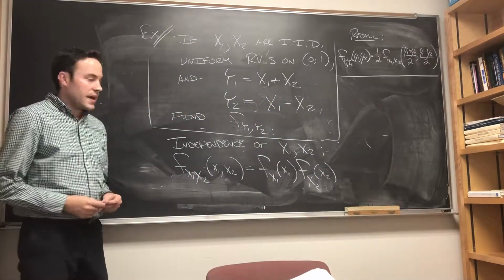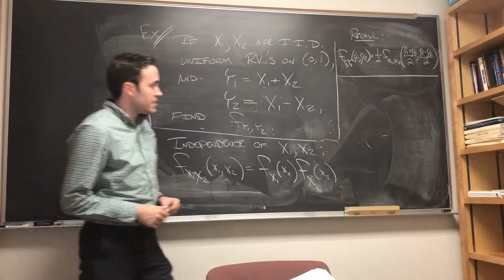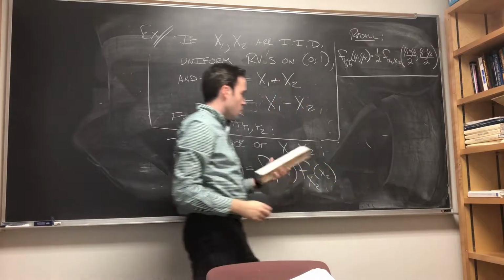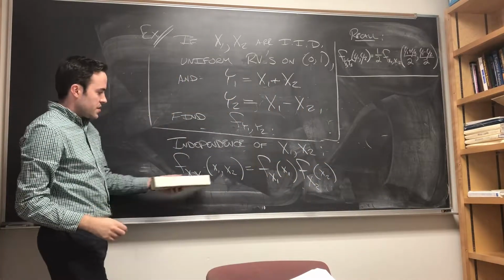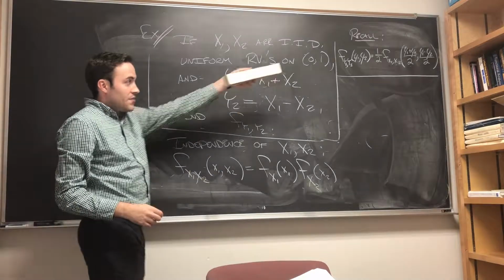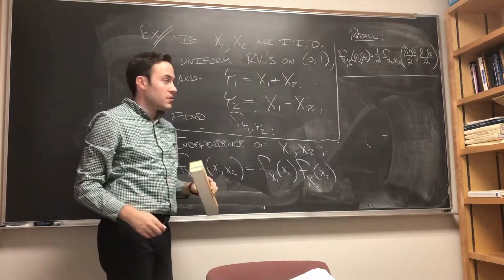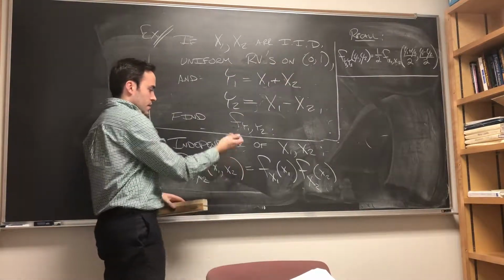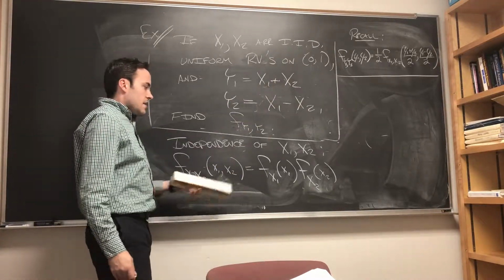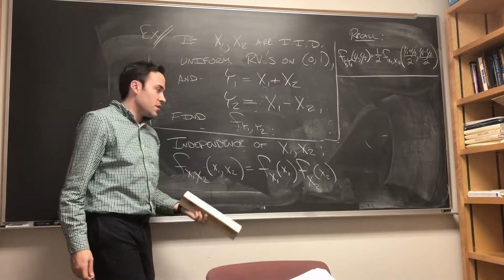It very neatly factors. So our PDF in terms of y1 and y2, we just have to translate. x1 is going to have the very specific form y1 plus y2 over 2, and x2 is going to be y1 minus y2 over 2. And then the same factorization is still going to happen.